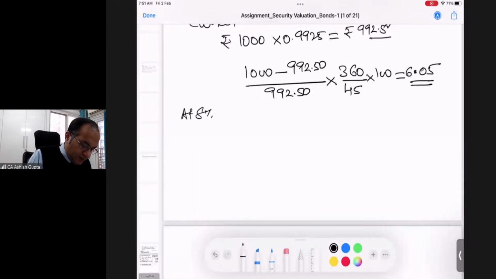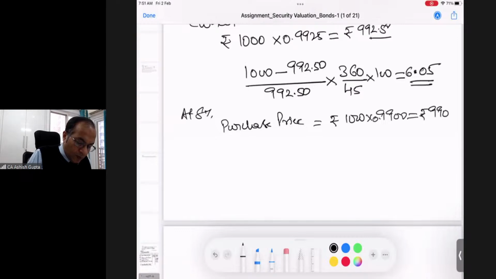At 8%, purchase price rupees 1000 into 0.99. Accordingly, my bond equivalent return will be: I will get 1000, I am paying right now 990, my investment amount is 990.